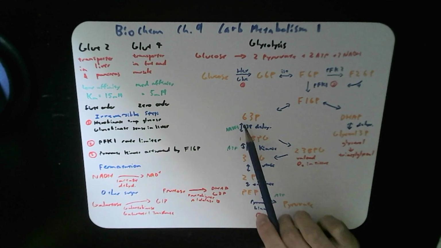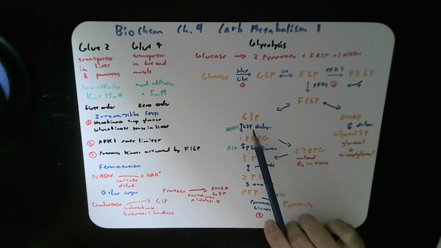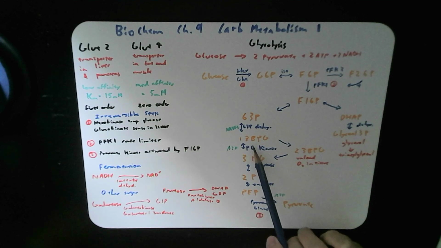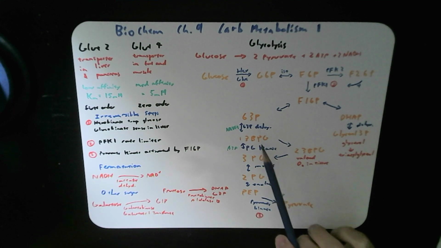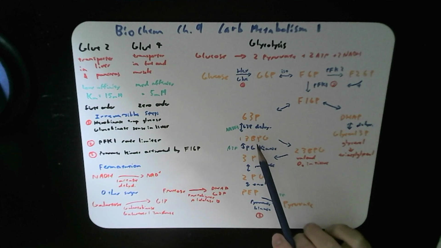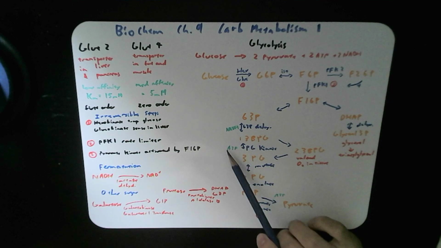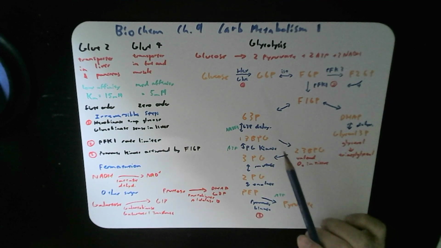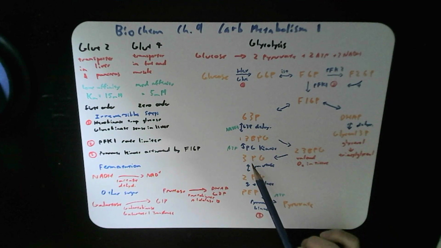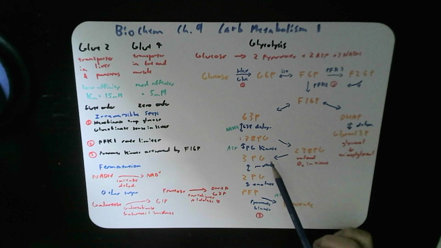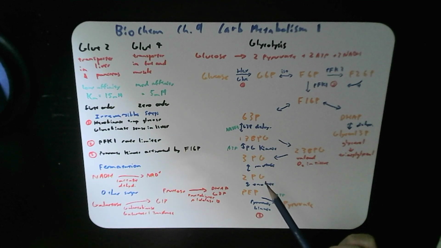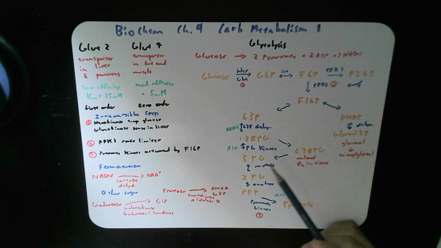In this reversible reaction, it creates NADH and makes 1,3-bisphosphoglycerate. 1,3-bisphosphoglycerate uses phosphoglycerate kinase, and it produces ATP in the process. It turns into 3-phosphoglycerate, then mutase, then 2-phosphoglycerate, then enolase, and then PEP.